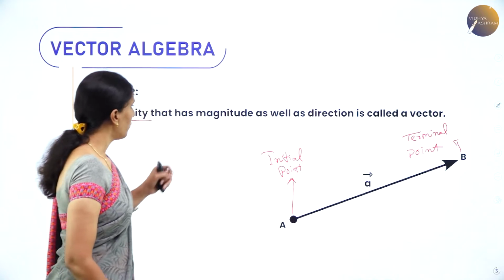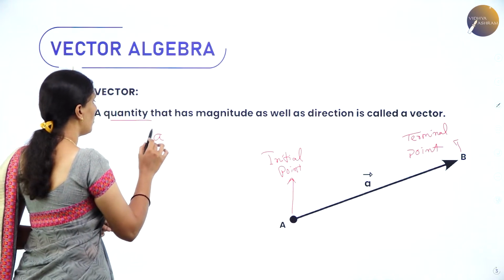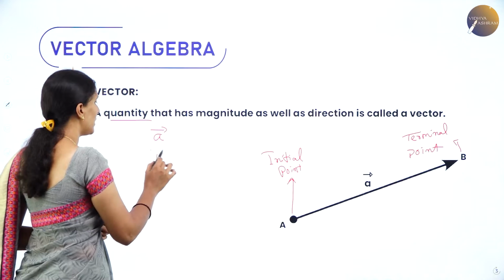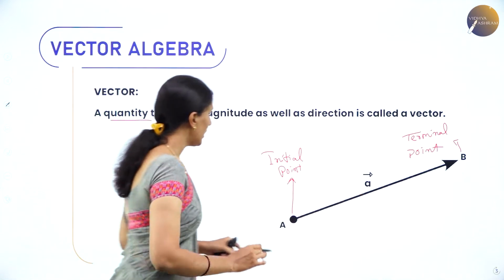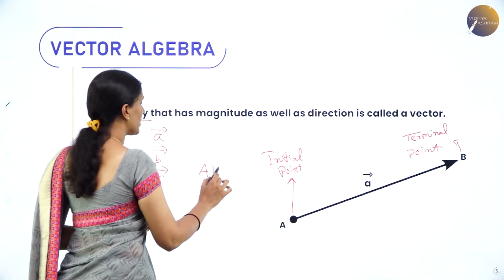Usually we denote the vector in the form of vector A, vector B, vector C, like that. If a line segment is taken, then we write the vector in the form of vector AB.